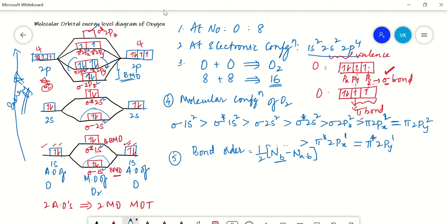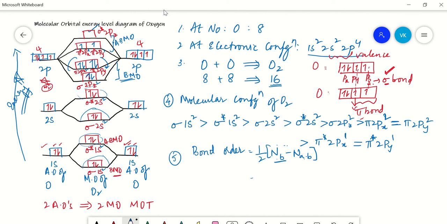Antibonding electrons are the electrons present in antibonding molecular orbitals. This is an antibonding molecular orbital, this is an antibonding molecular orbital, and these are antibonding molecular orbitals. So the electrons here are called antibonding electrons.